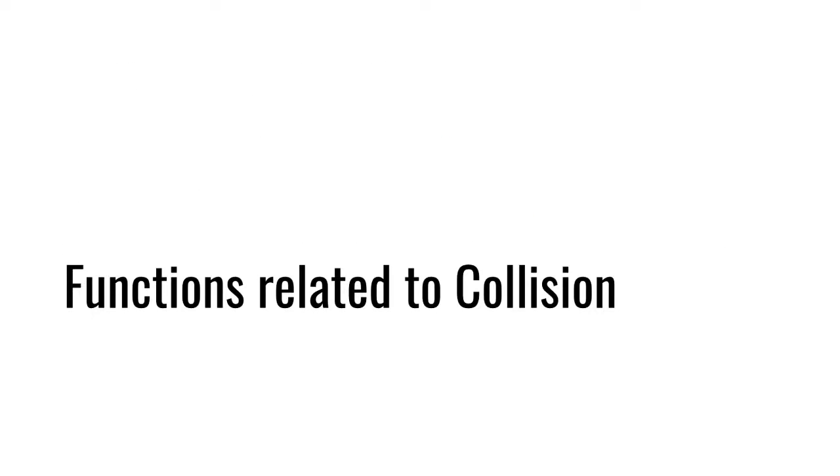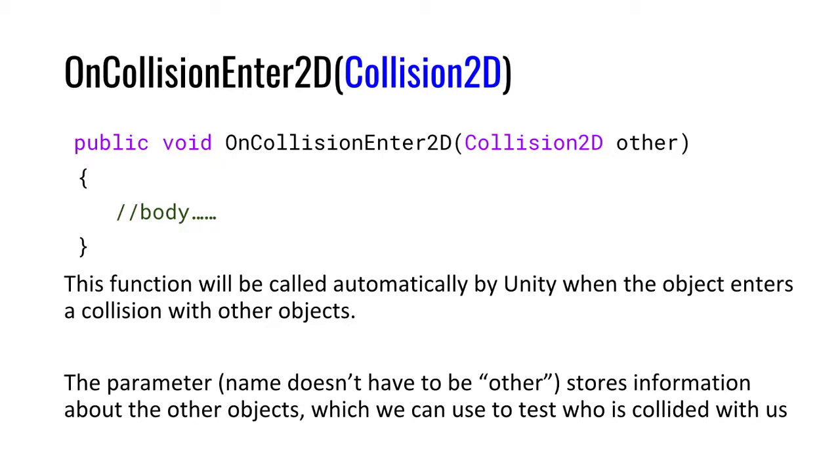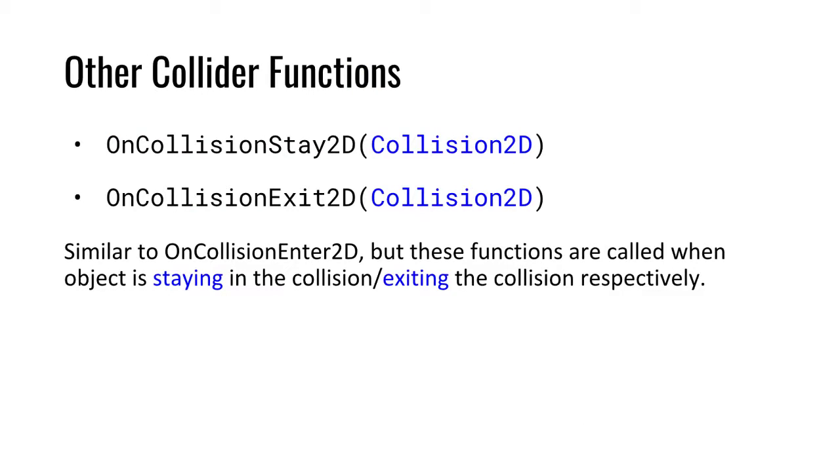We have an enter function that is only called once, as soon as the collision happens, and then a function that is continuously running as the collision goes on. If you're dragging something across an object, that's going to be running on collision stay. And then on collision exit is only run when the collision stops, when they separate.